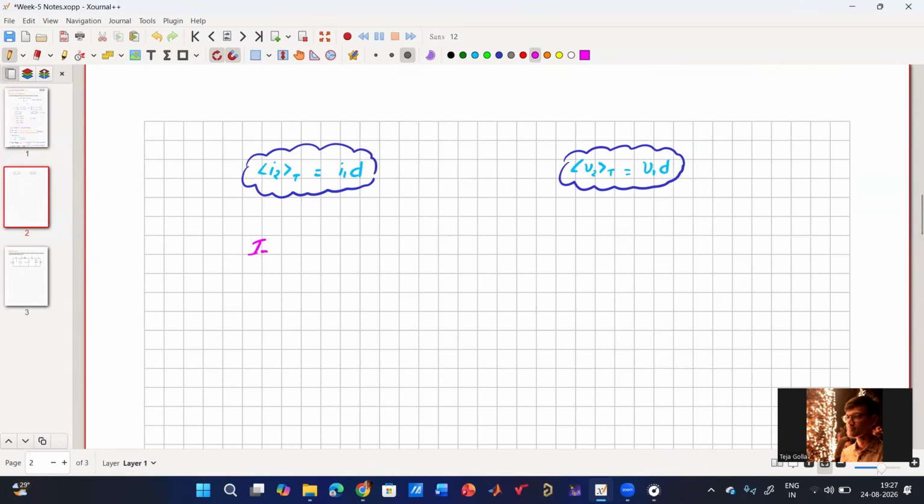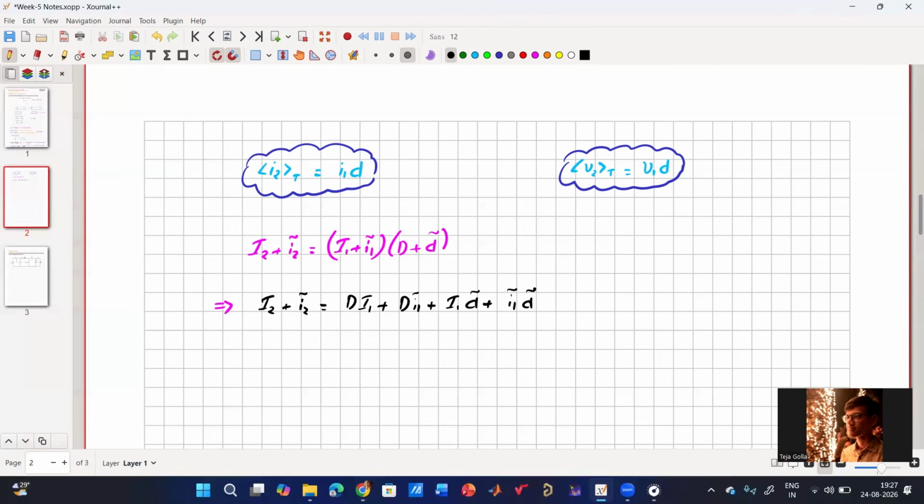So it will be I2 plus I2 tilde equals I1 plus I1 tilde, into the duty ratio D plus D tilde. Let us multiply and simplify. I2 plus I2 tilde equals D into I1 plus D into I1 tilde plus I1 into D tilde plus I1 tilde into D tilde.